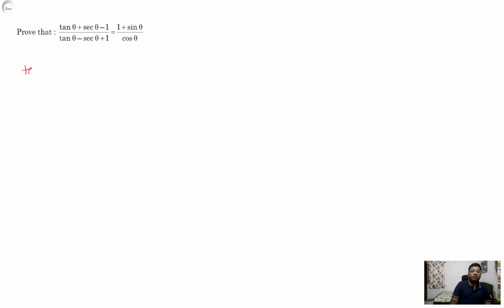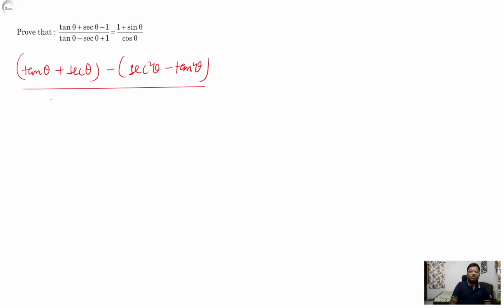So the numerator is tan theta plus sec theta minus 1. I'm going to write it as sec square theta minus tan square theta, right? Denominator, please do not touch it. Let it be. So sec square minus tan square, guys, is nothing but a square minus b square.